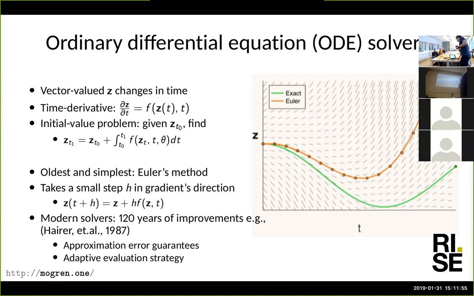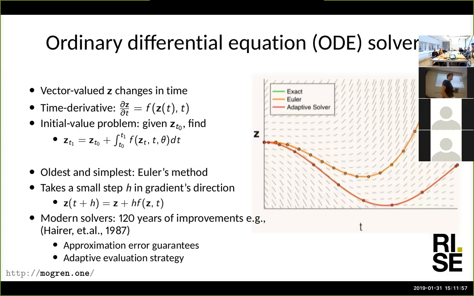We start out with Z0, and Euler takes these fixed step sizes, and an adaptive solver instead takes as many evaluations of the function as are needed or required to get a certain level of precision.